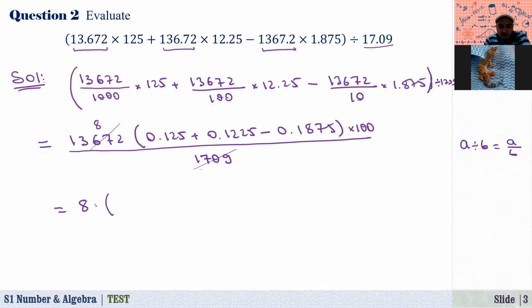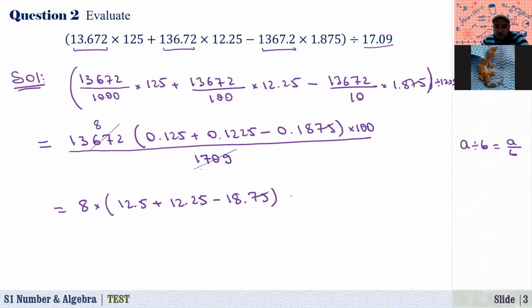So here we have, let me just write here, times. Again, 100 times 0.125, that is 12.5, plus this one is 12.25, minus this one is 18.75. Okay.